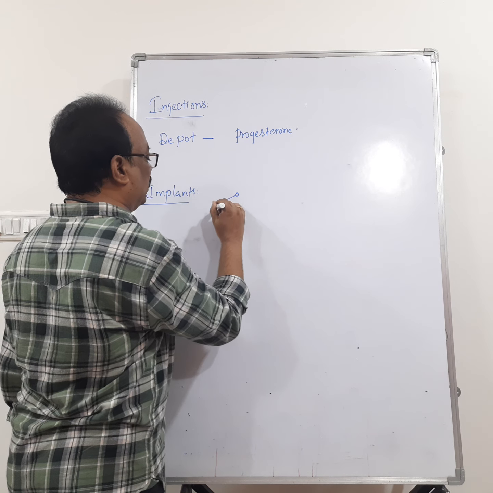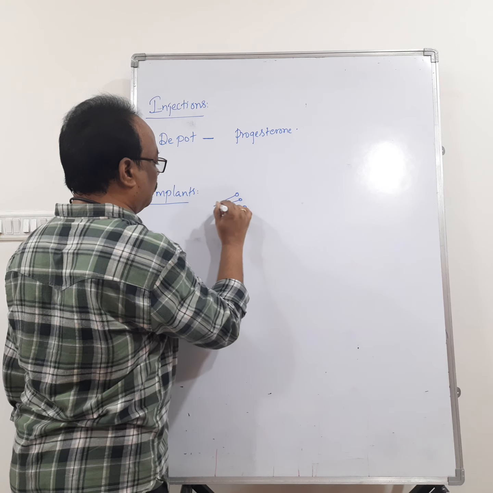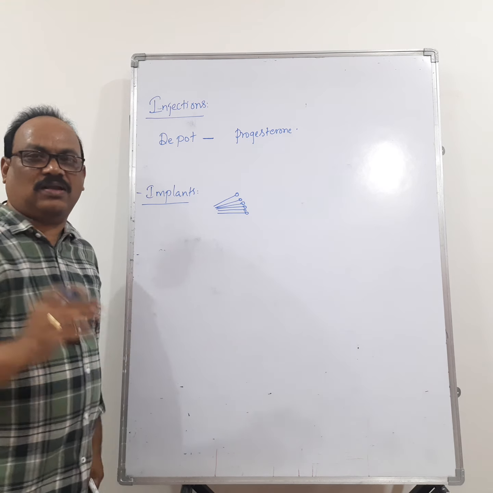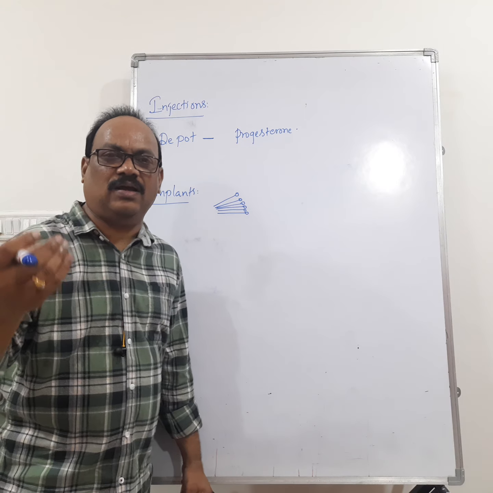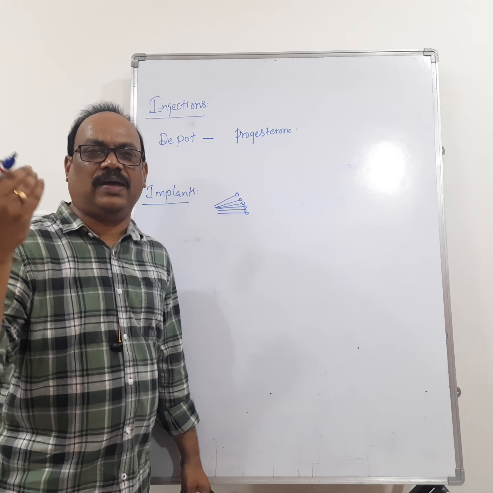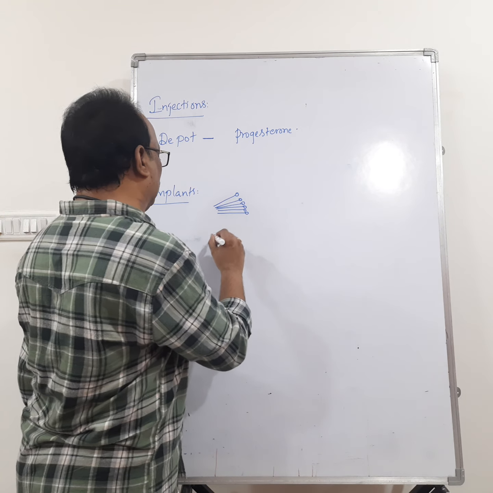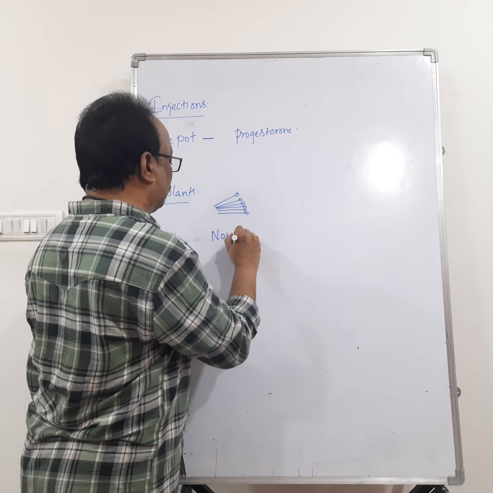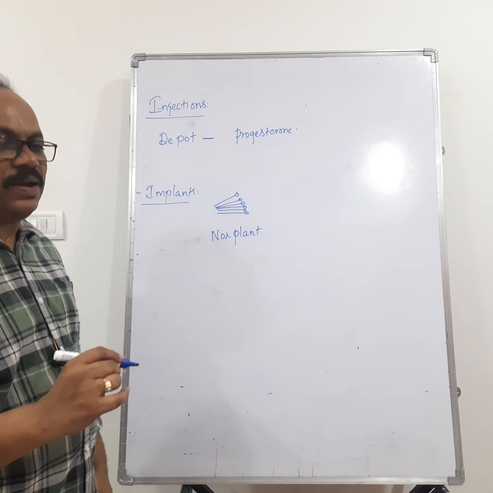And the second one is implants. The implants are 6 small stick-like structures which are inserted beneath the skin by a special applicator. The trade name of the implants is Norplants.